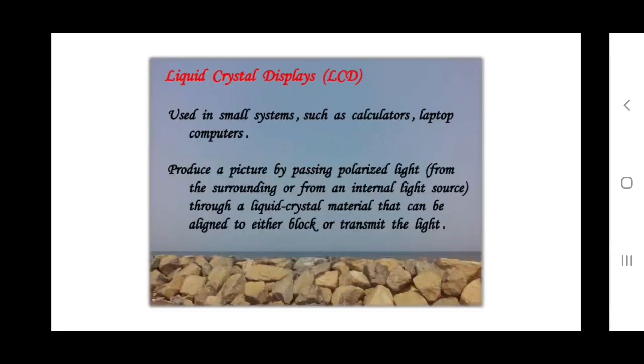And now coming to the liquid crystal display, another display device. It is used in small devices such as calculators, laptops and computers. It produces a picture by passing polarized light from the surroundings or from an internal light source through a liquid crystal material that can be aligned to either block or transmit the light.